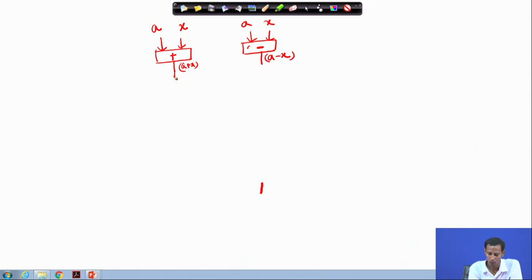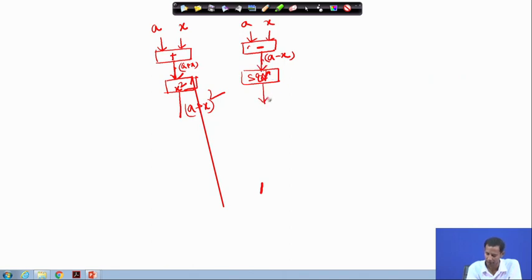Now I will have the corresponding squaring circuit. Suppose this is the x square circuit. From here I will get a plus x of whole square. Again I pass the other value through another squaring circuit, and I get a minus x of whole square.